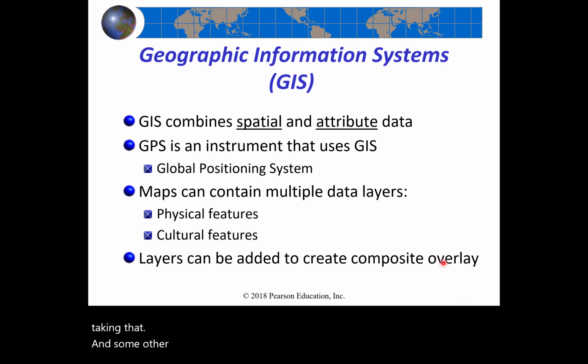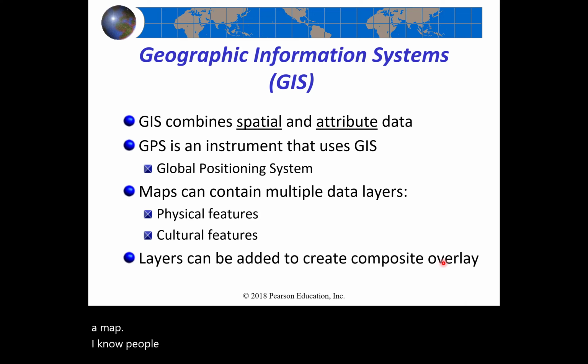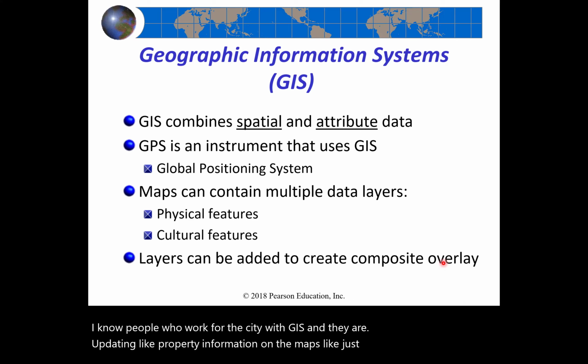So it was just some other data, and we're putting it on a map. I know people who work for the city with GIS, and they are updating property information on the maps, house by house, street by street.